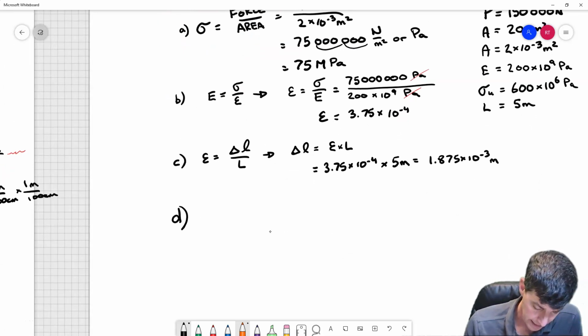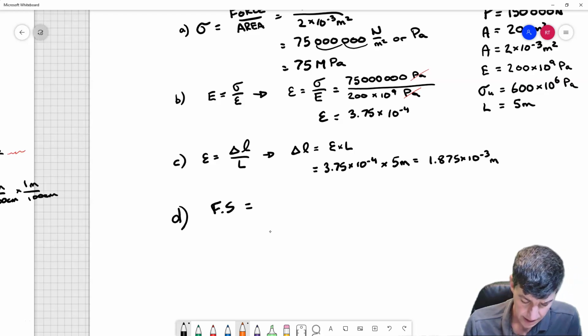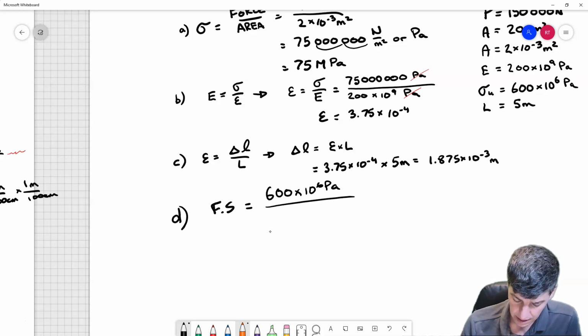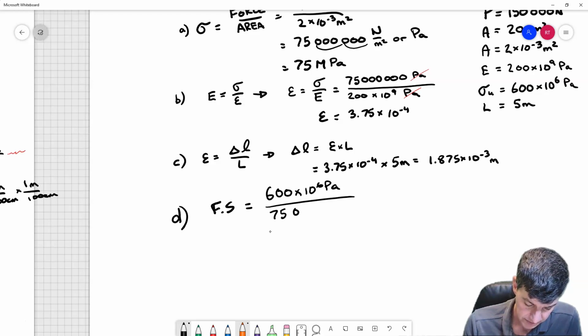Okay, last thing is the factor of safety. Factor of safety is how much it can hold, 600 times 10 to the 6th pascals, compared to how much load it is under. So we had our 75 million pascals.